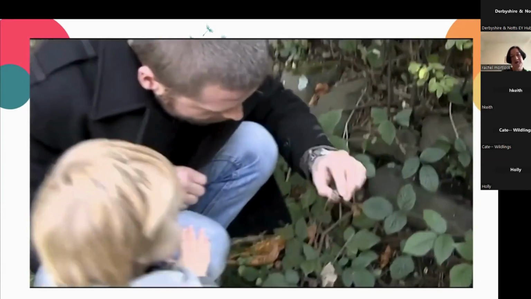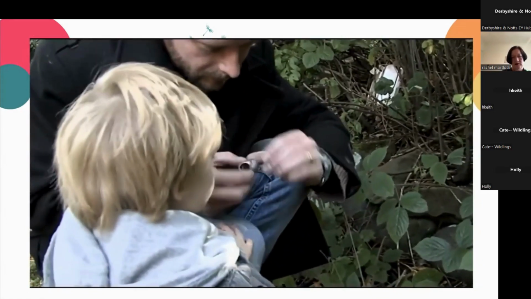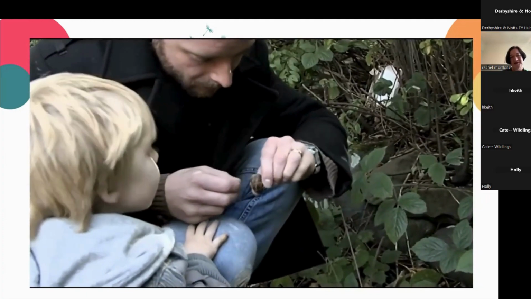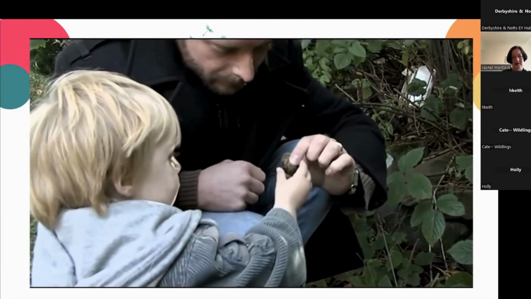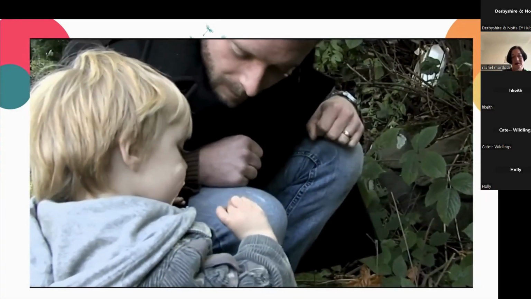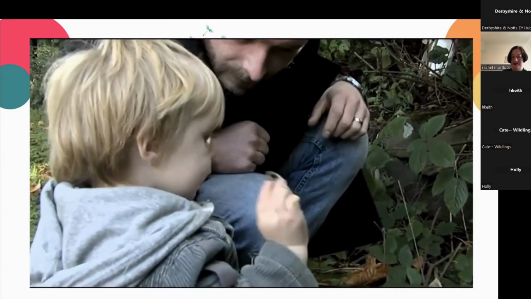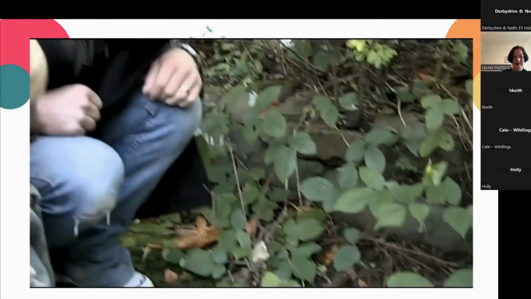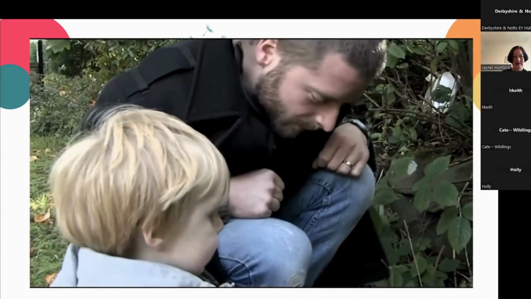The snail's always full of water. It's full of water. Yeah. Do you want to have a hold? He's in a spiral, isn't he? It's dead. He is dead. Do you think we can find some live things? What live things?